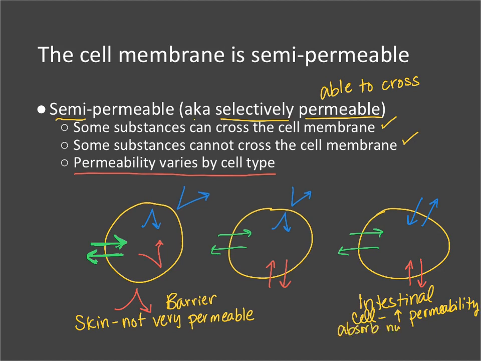So you need to be able to absorb things like glucose and amino acids and proteins and fats. And so there needs to be more of that permeability. So on one side of the spectrum, you've got the skin, which has very little permeability. On the other side, you've got the intestines, which have a lot of permeability.